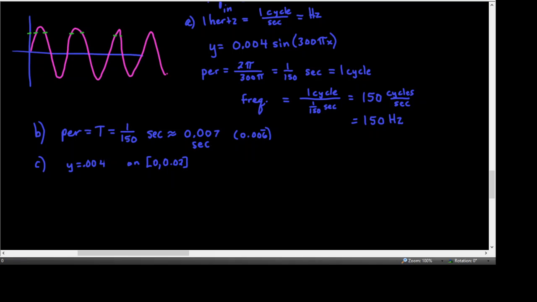Does it make sense? And like I said, I don't know that that's actually where it is, but actually I'm pretty sure it's not. I just saw something, but that's okay. We're trying to find every place where that's true. So what we're going to do is we're going to set our model, 0.004 sine of 300 pi x, equal to the y value they want this to be, 0.004.